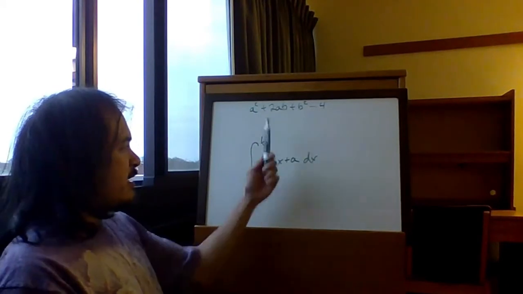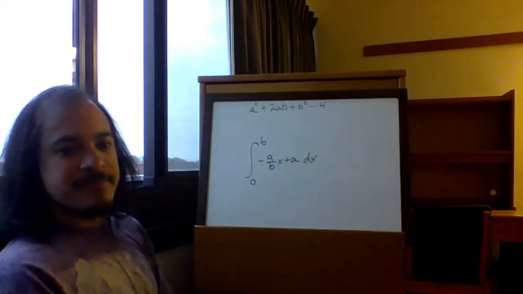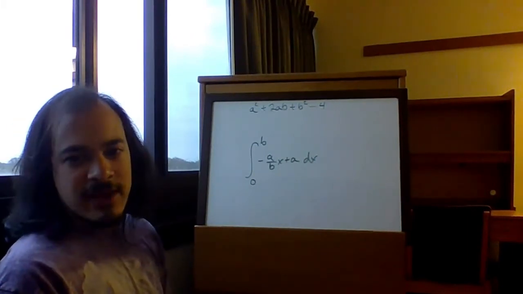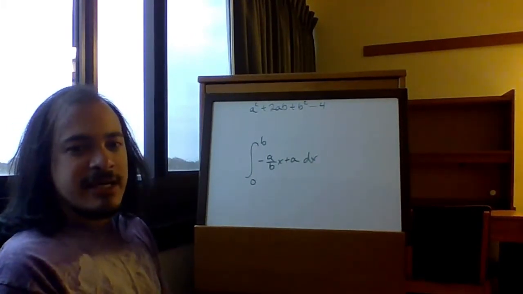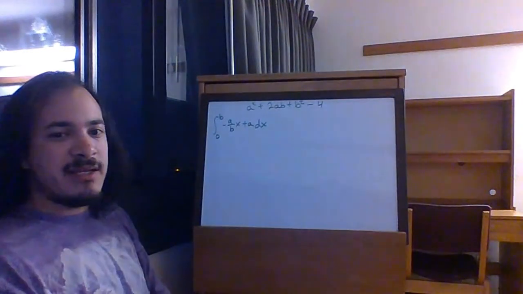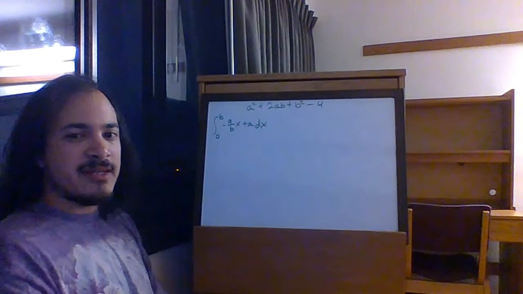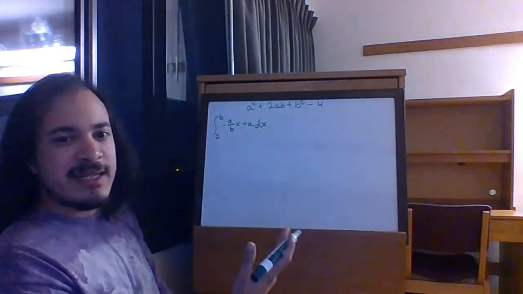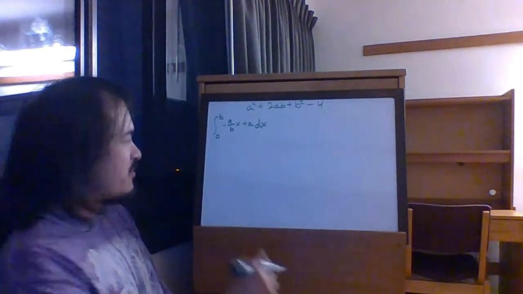This right here is our area. When we work this out, that's what gives us the area of a triangle. So I'm going to speed through this integral real quick and explain as I go, so you can follow along.